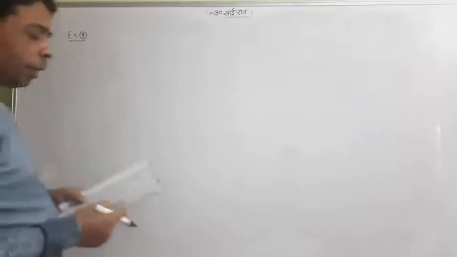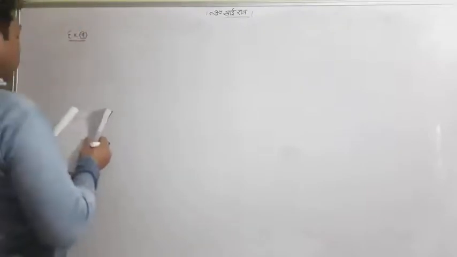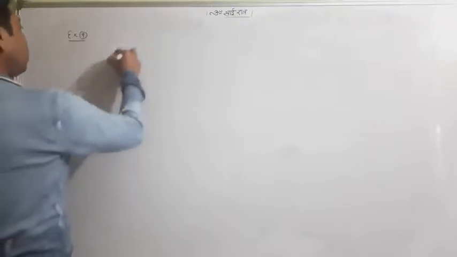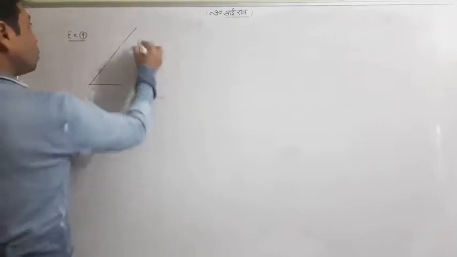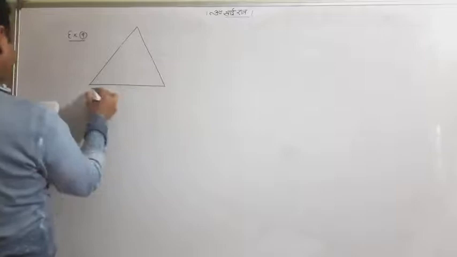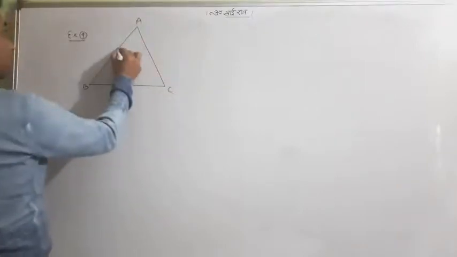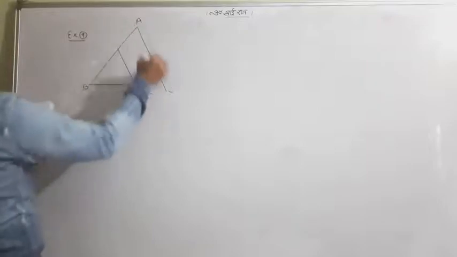In example number 9, I have the line segment XY. You have a picture, students. This is a picture I have made here: triangle BAC, with XY the line parallel to AC.